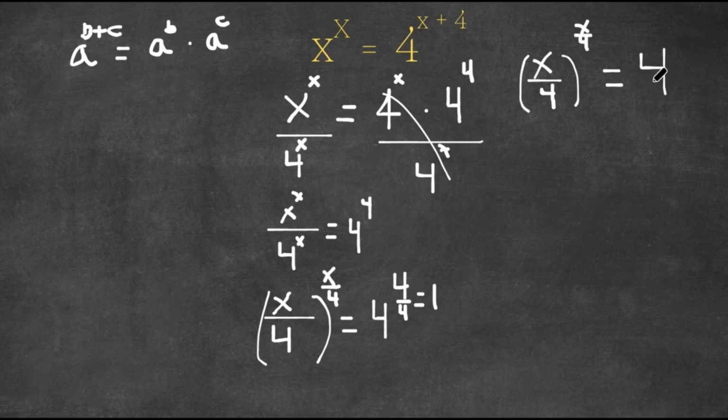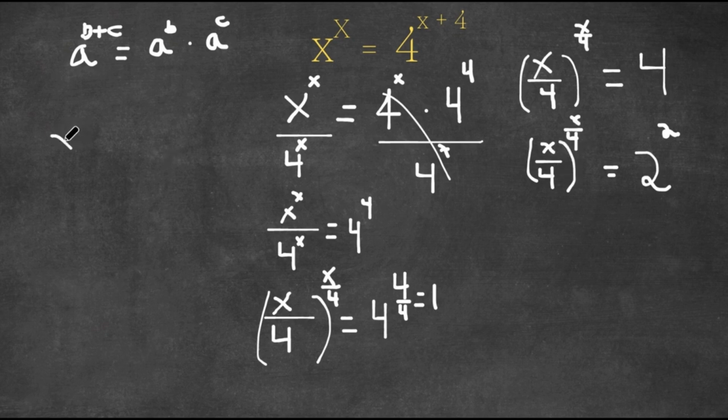Now what we're going to do is we're going to change this 4 to 2 to the power of 2. And this is still equal to x over 4 to the power of x over 4. Now, why don't we say that x over 4 is a?